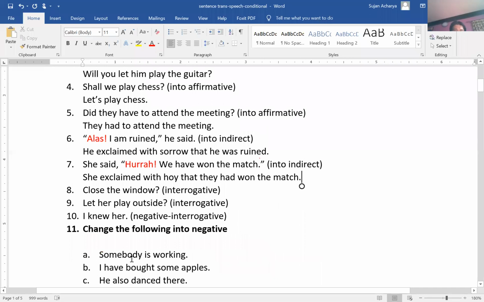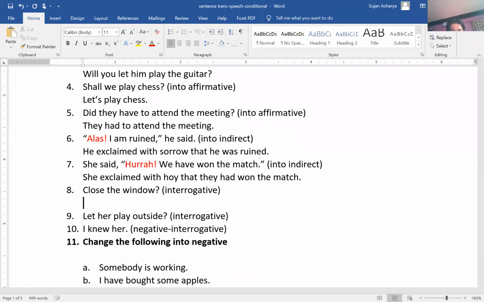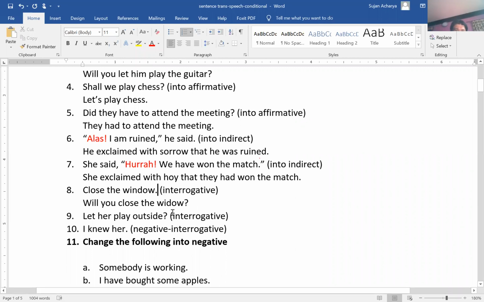Close the window. Will you close the window? Let her play outside, into interrogative.